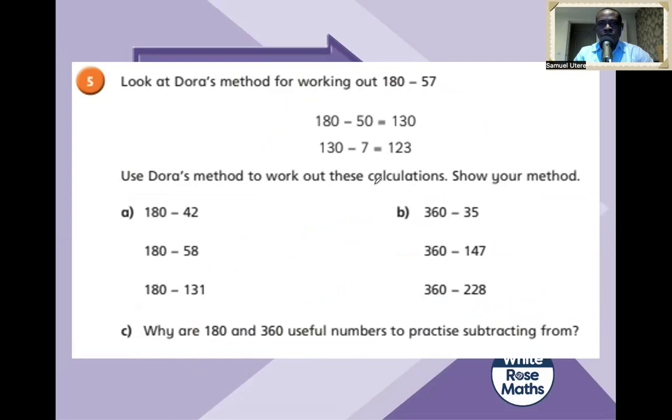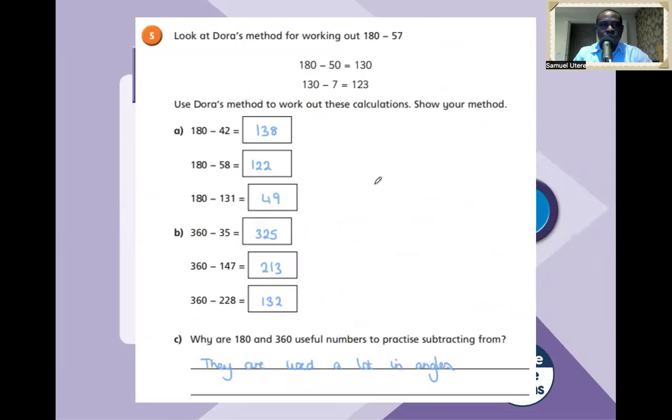Assuming you've paused the video and you've answered question 5, here are the answers. So you were asked to look at Dora's method for working out 180 minus 57. You can see she subtracted 50 first and then 7. And then use Dora's method to work out these calculations.